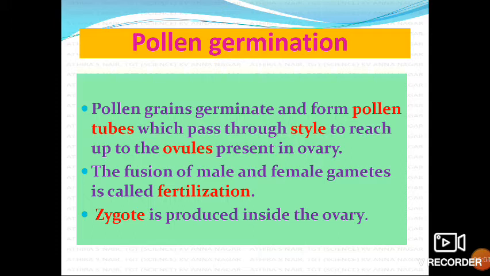Now, inside the ovary, the male gamete from the pollen tube and the female gamete, the egg, fuse to form the zygote. The process of fusion of male and female gamete is called fertilization. After fertilization, the product formed is called the zygote. The zygote is produced within the ovary, mainly inside the ovule.